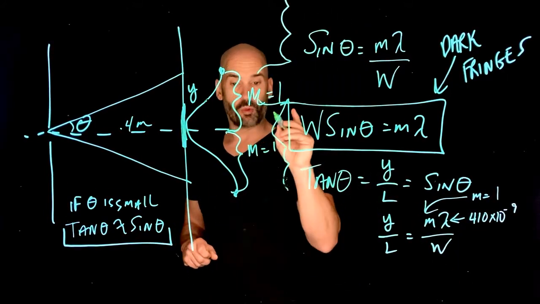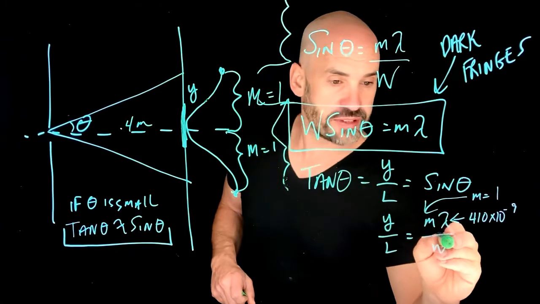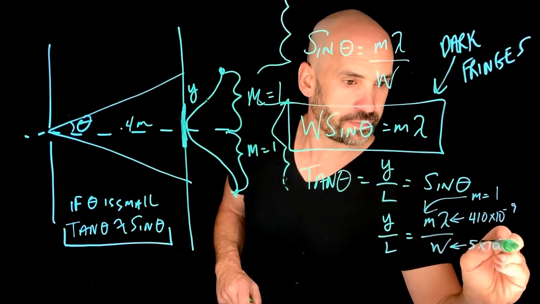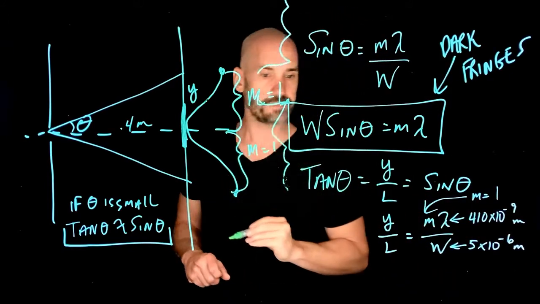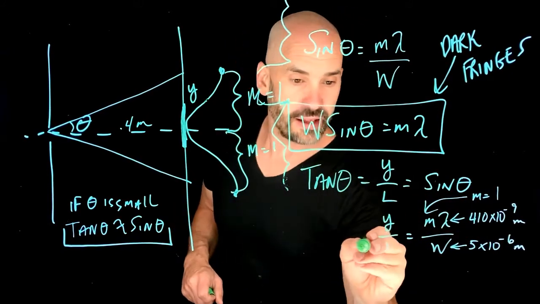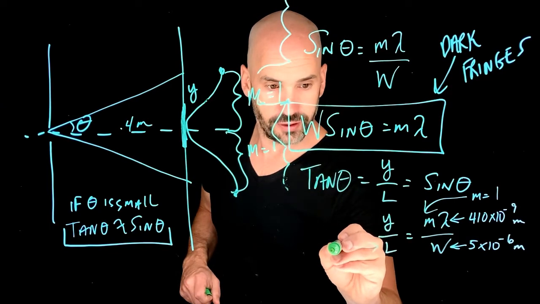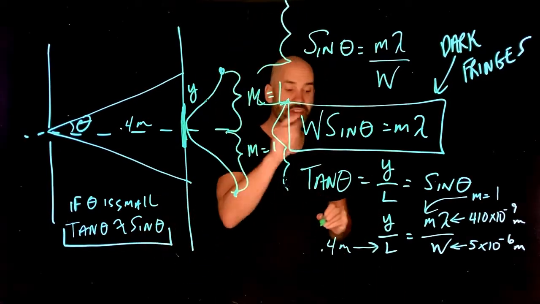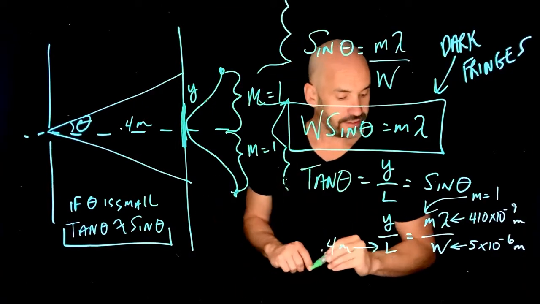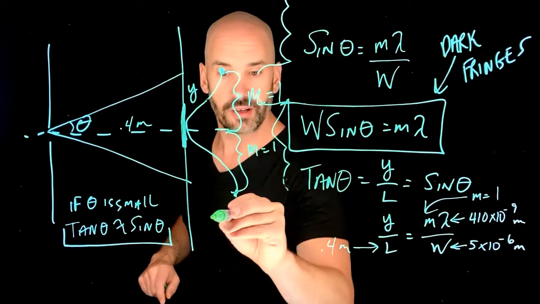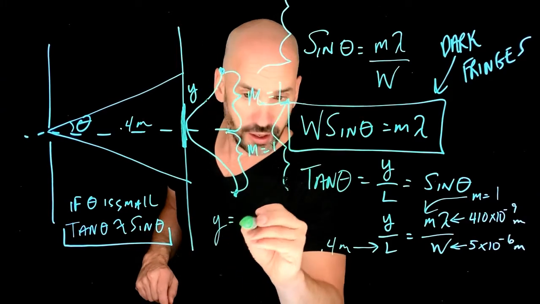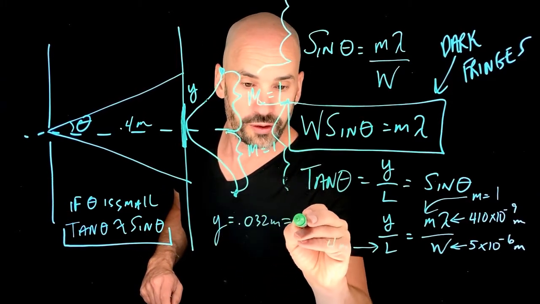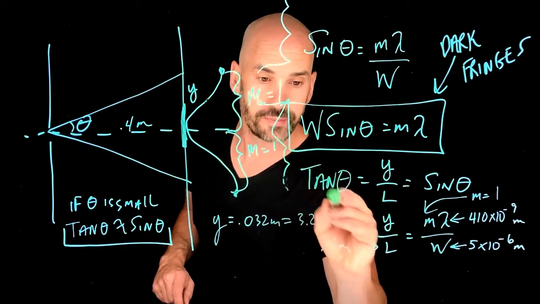We know that the width of the slit is 5 times 10 to the minus 6 meters. And L is 0.4 meters, which means that if we put this all in, I get the glorious answer of y equals about 0.032 meters or 3.2 centimeters.